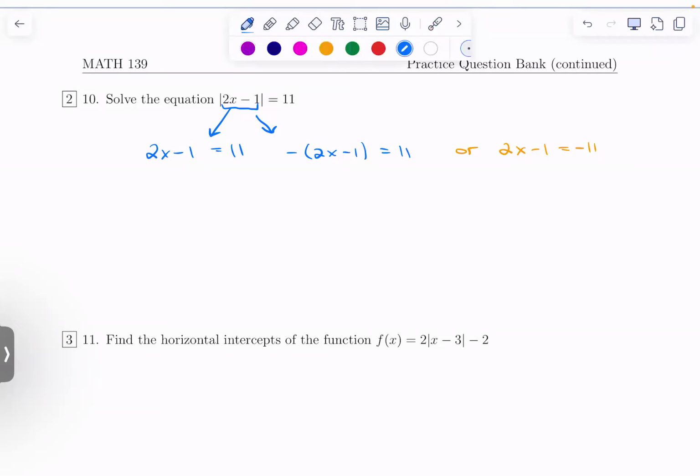Then solving 2x minus 1 is equal to 11, I get 2x is 12, so x must be 6. And then I can do negative 2x plus 1 is equal to 11. I don't know why I don't use this one because it's easier, but for some reason I hesitate to, but you get the same answer, so it doesn't matter.